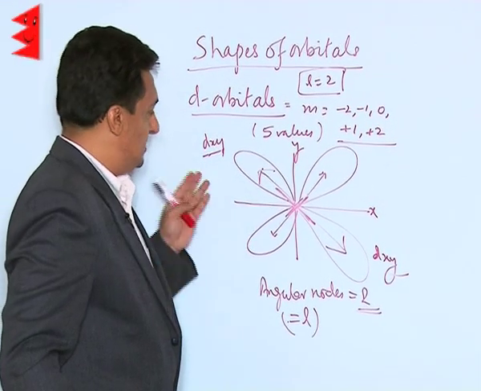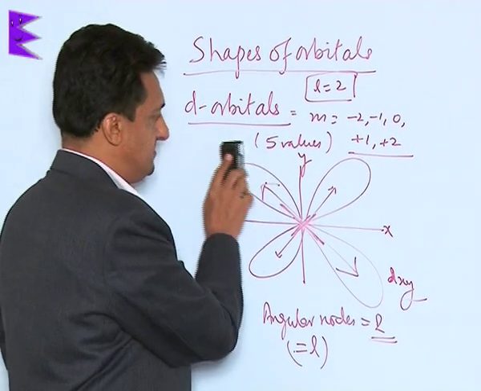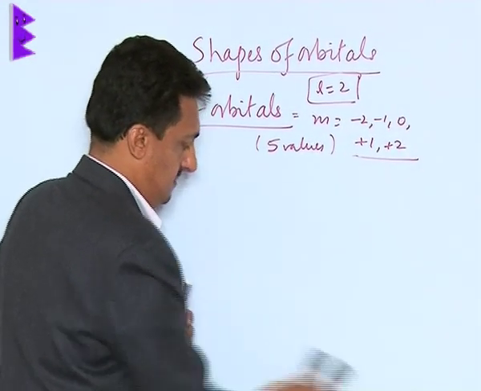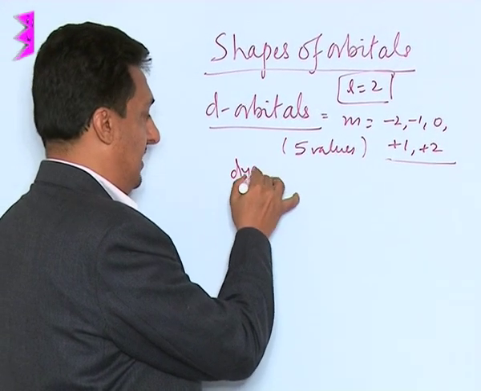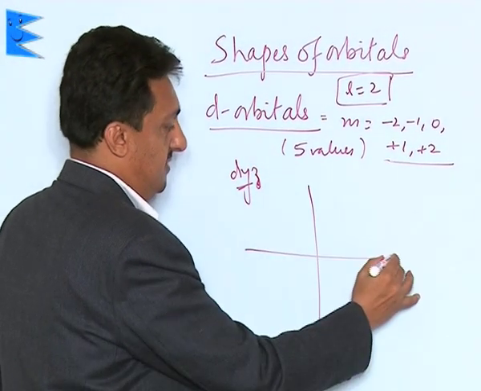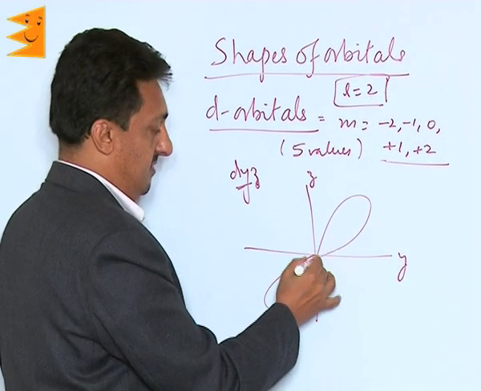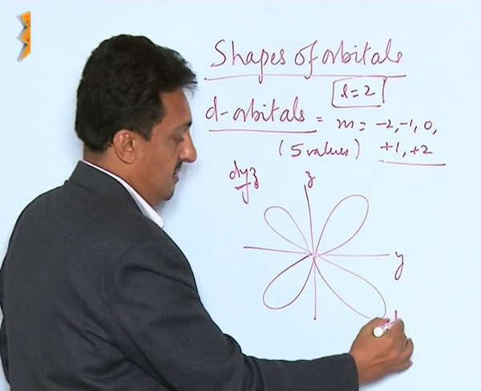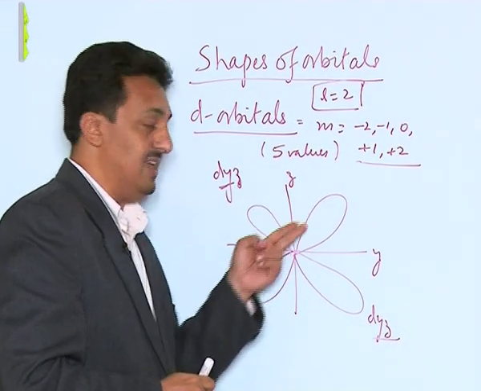Let us see the shapes of the other 4 orbitals. The shape of the dyz orbital: if this is your y axis, this is z, this one is dyz, lying in between the axis.